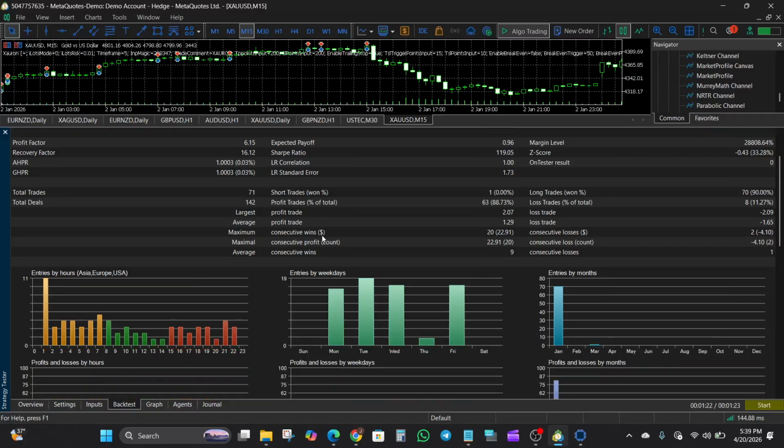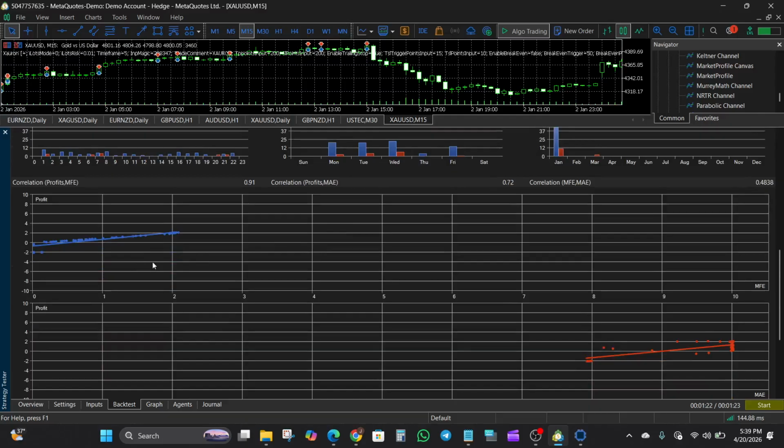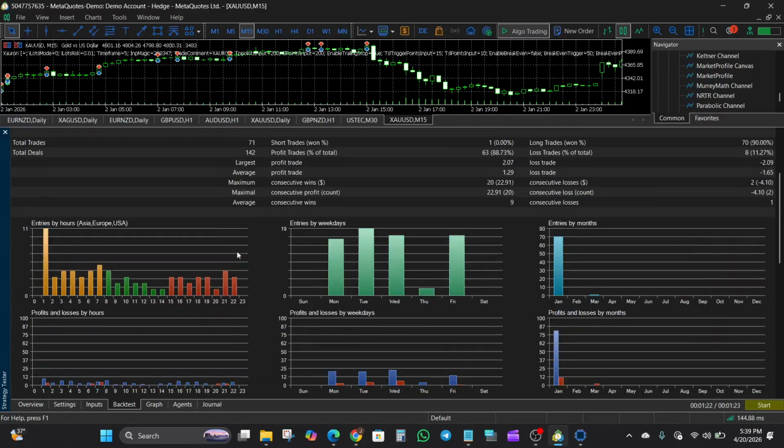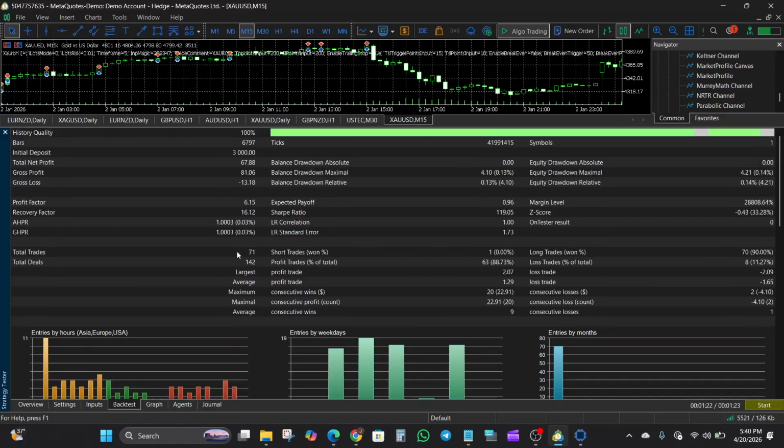All right. So if you want to make use of this EA, feel free to backtest it using several settings. If you want to, you can change the time frames for each backtest, and you can also decide to change the duration, all right, for each backtest.